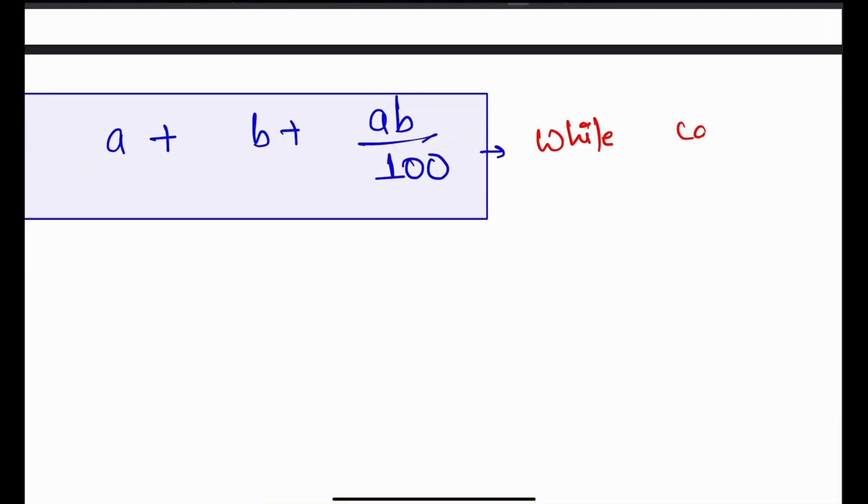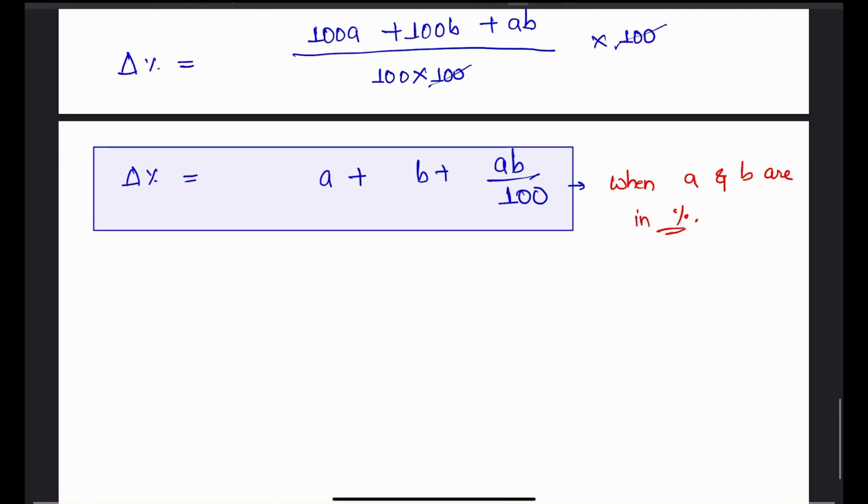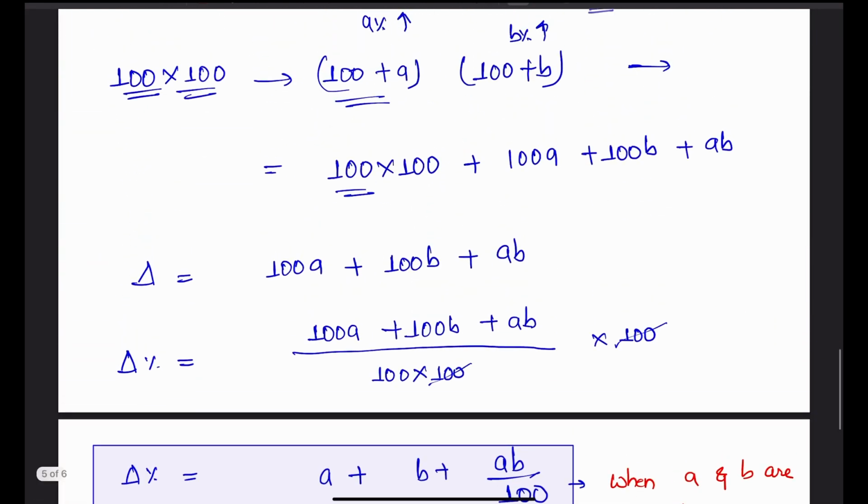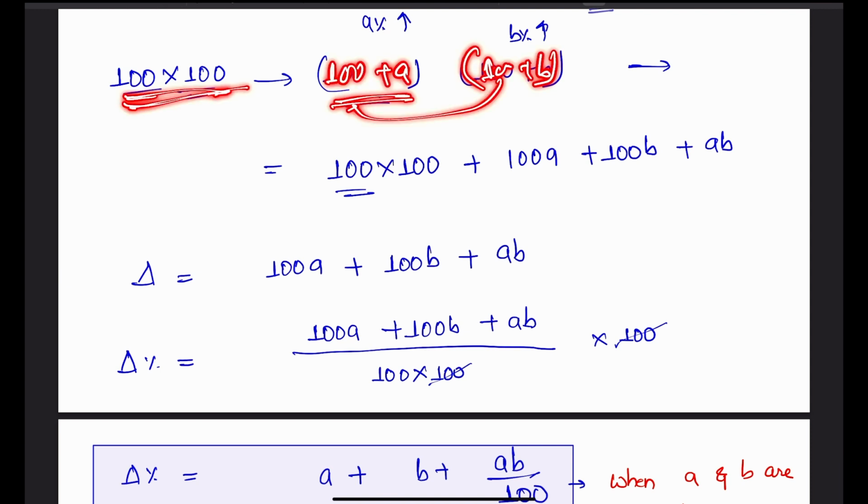This is the formula we get when a and b are in percentage. One more thing I want to refer to: here I am doing 100 plus a and then 100 plus b, because of which our initial was 100 into 100.